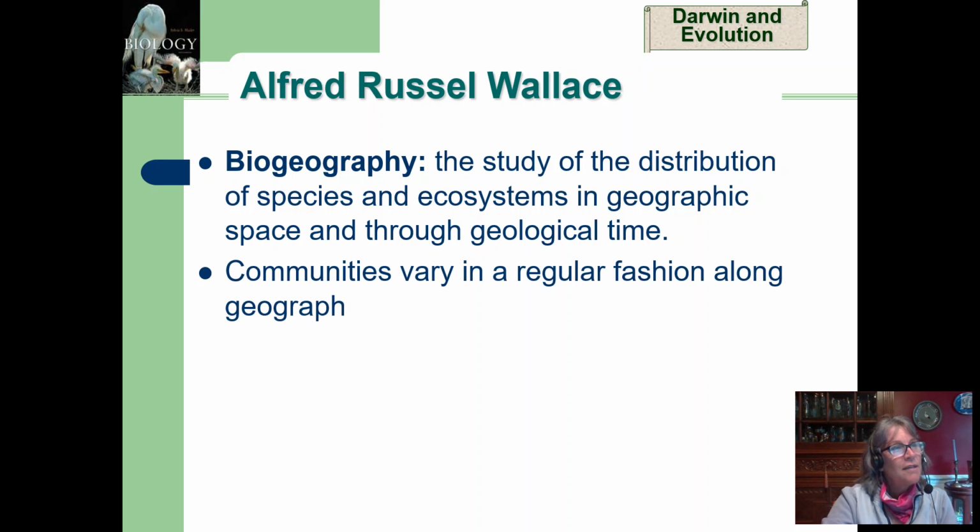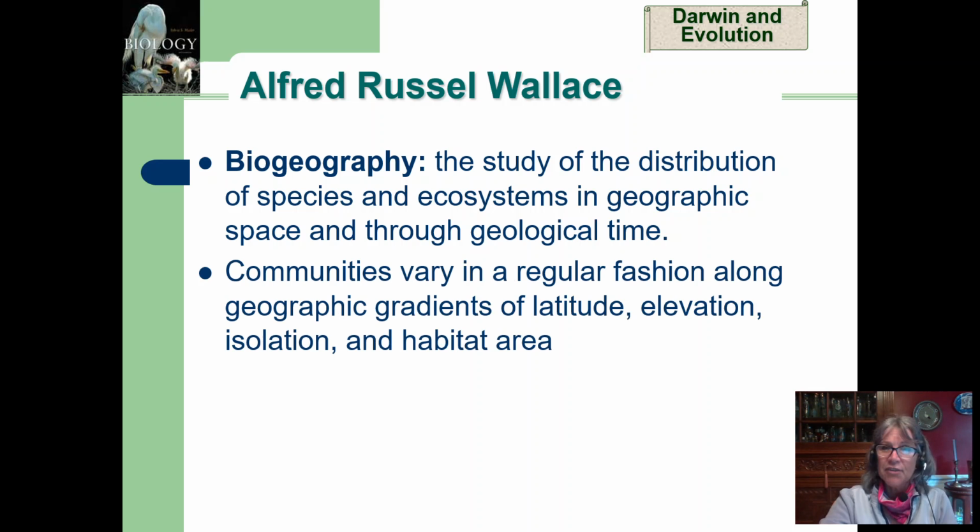And he saw that communities vary in a regular fashion along geographic gradients of latitude, elevation, isolation, and habitat area. And we see that as you climb to higher elevations, the vegetation and the organisms that live there change. From habitat to habitat, we see changes in latitude associated with changes in what species live in an area, and then even within a specific latitude.